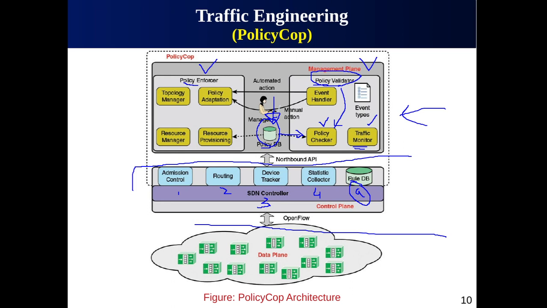Hey, some policies were violated. Okay, so it generates an event and then informs the manager to take appropriate action. And then we have the Topology Manager, which deals with the topology. It actually maintains a global view of the network.